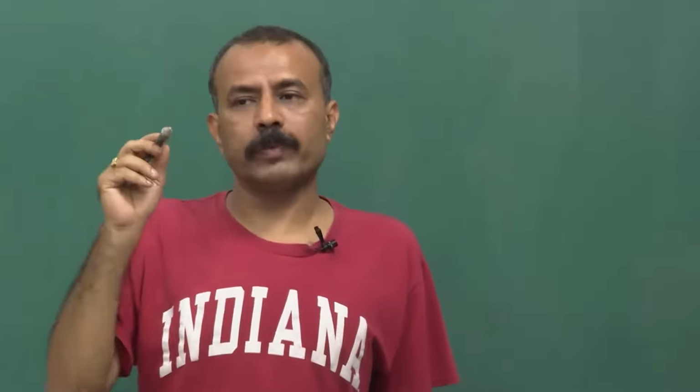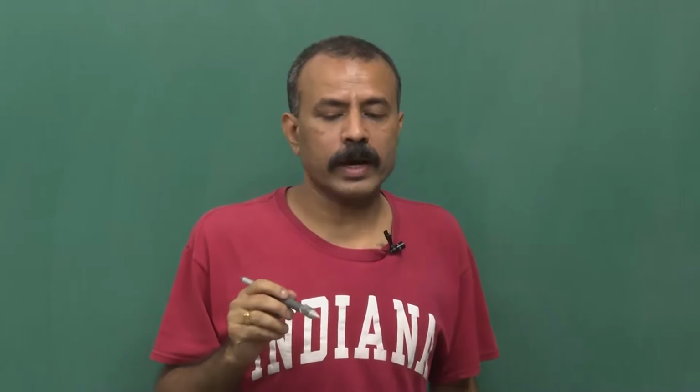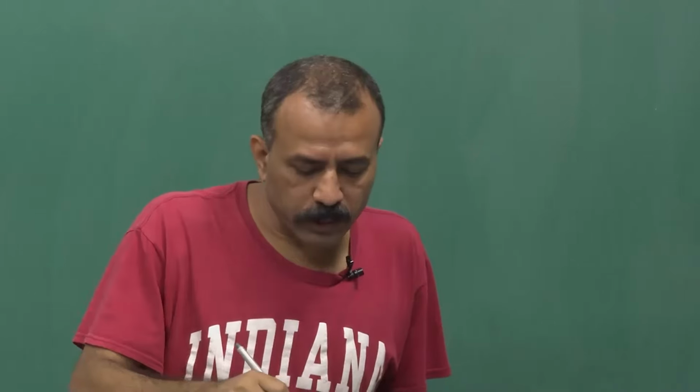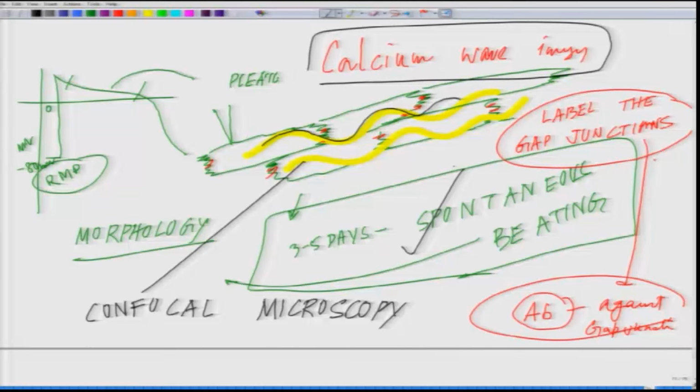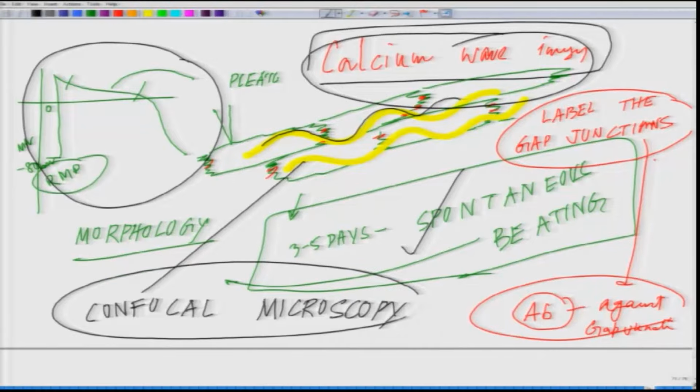So, you have to have the morphology right, you should be able to label the gap junctions, you should be able to see the spontaneous beating, you should be able to measure the action potential using patch clamp electrophysiology, and you should have the calcium imaging done using confocal fluorescence microscopy. Once you do this, you have to look at the myosin heavy chain.